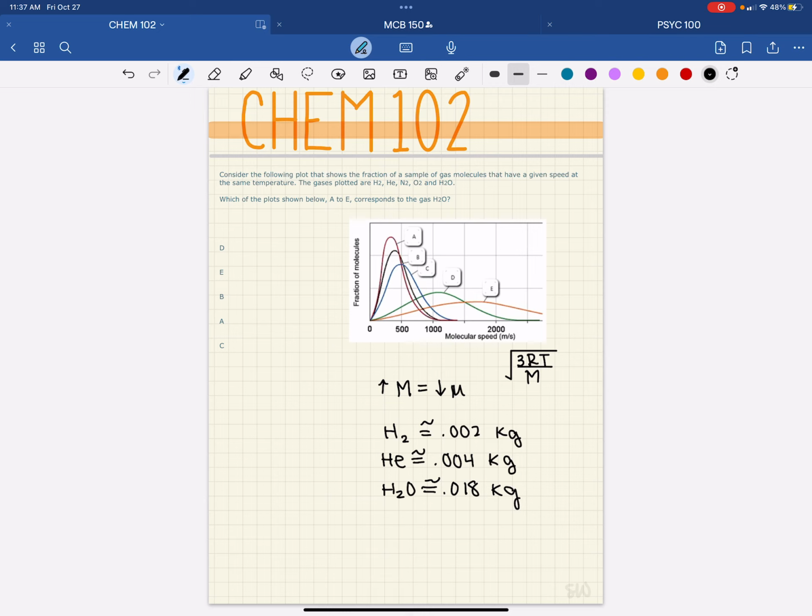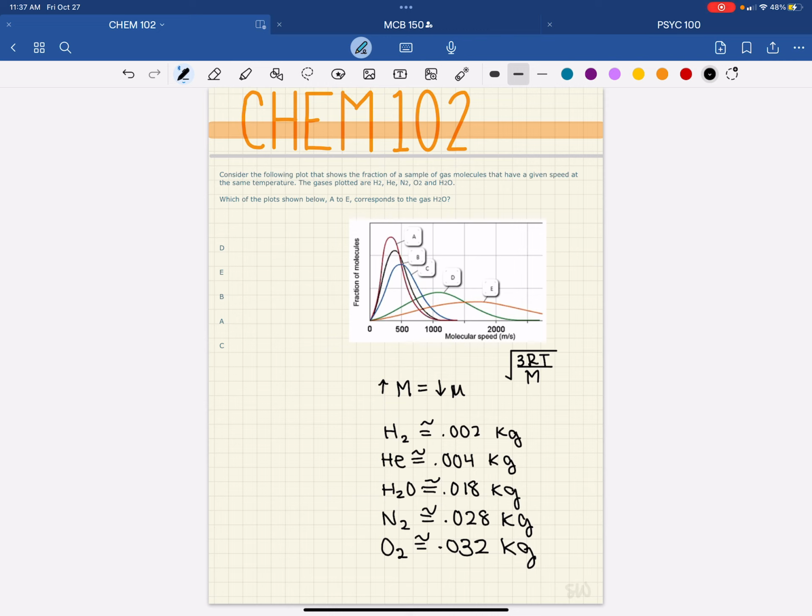N2 is approximately 0.028 kilograms. And O2 is approximately 0.032 kilograms. I calculated all of these using the molar masses of each of the molecules.